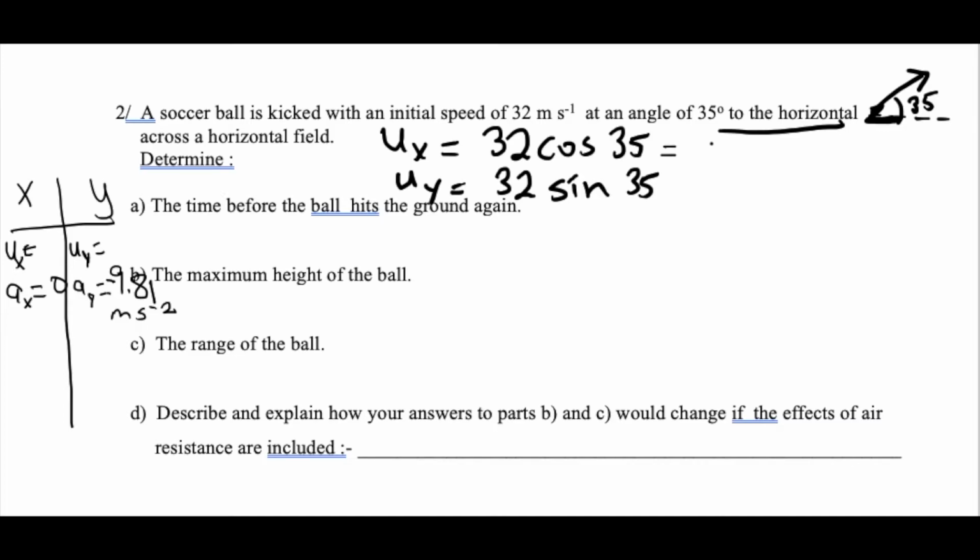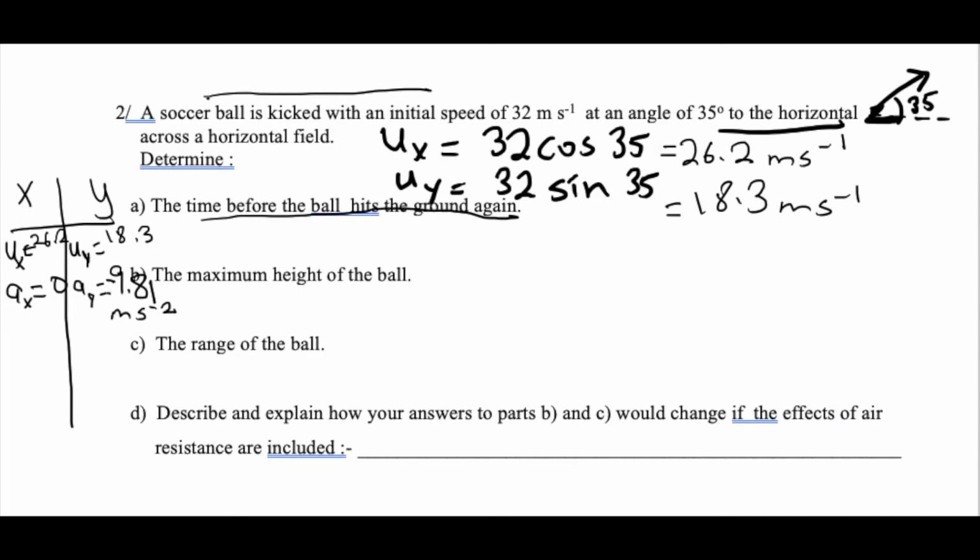So just to add the numbers here, 32 sine 35 is 18.3 meters per second. 32 cosine 35 gives 26.2. So that would be 26.2, and that's 18.3.